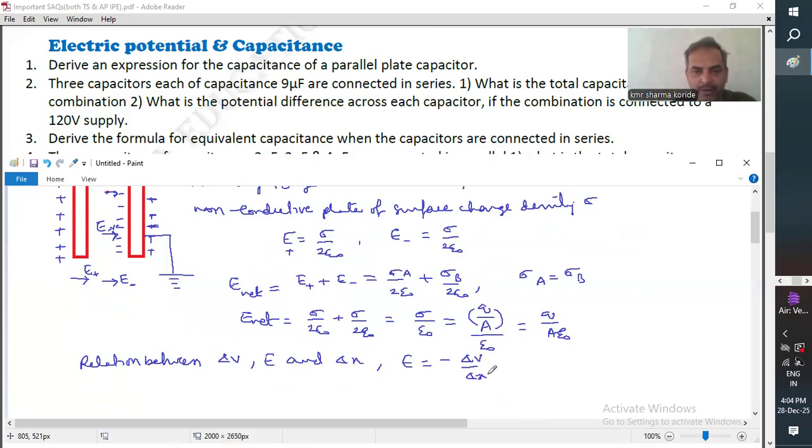For this particular case, you just write V by D. Understand that V is the potential difference between the positive plate and the negative plate, and D, delta X, is the distance between the two plates.